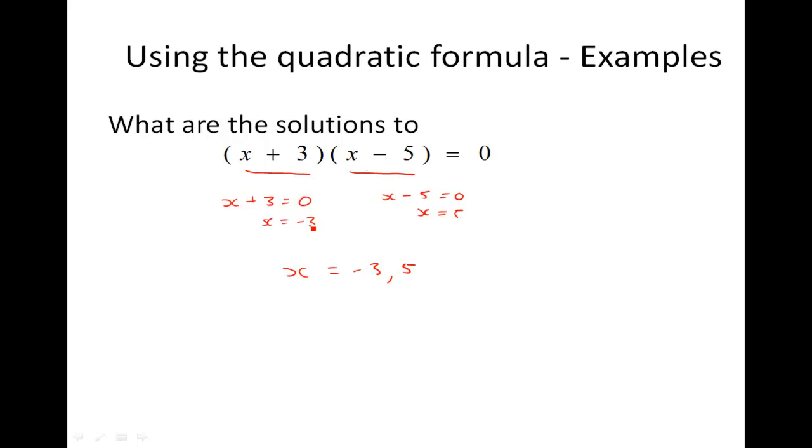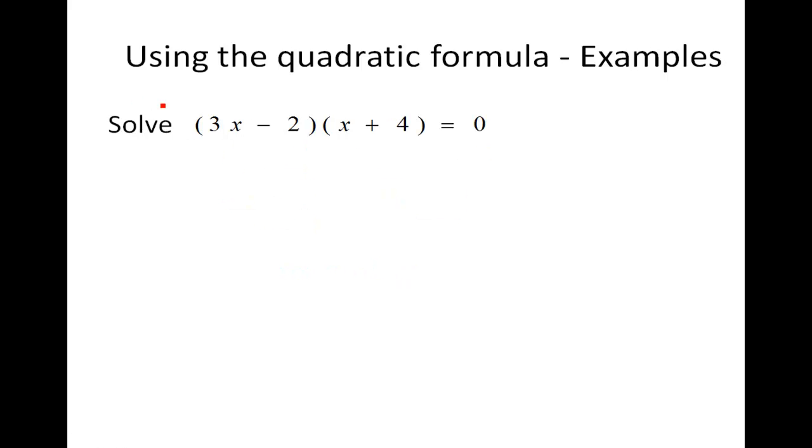But be a bit careful when the coefficient isn't 1, such as in this example, because once again both the brackets have to be 0, so 3x take 2 is 0, so 3x equals 2 and x equals 3 on 2. And likewise for this one, x plus 4 is 0 and x is negative 4.